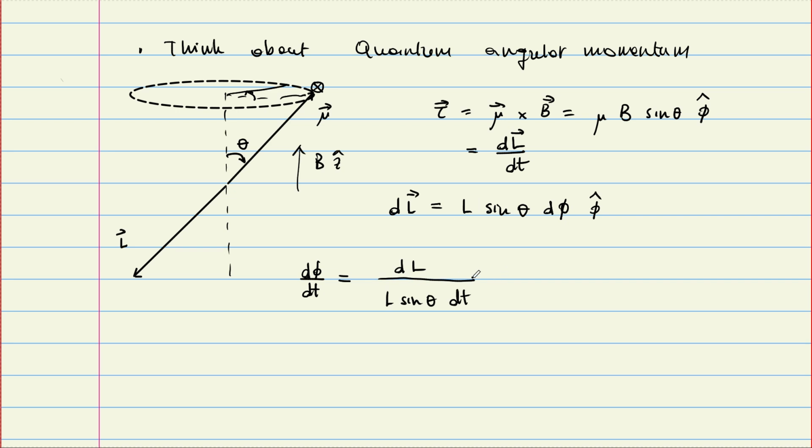And I want to take the magnitude of both sides. So this is going to be 1 over L sine theta. And for dL, I'm going to write this torque. This is mu B sine theta.